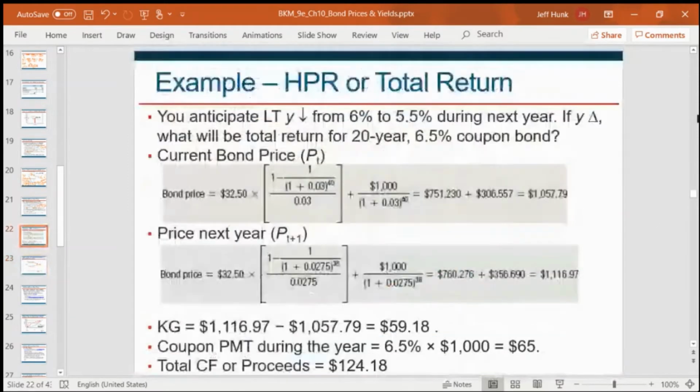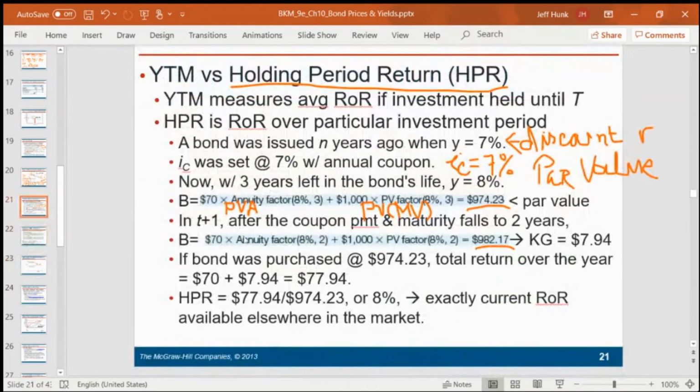And it is clearly shown here. This was a discount bond, so as you approach maturity the price goes up, and there's going to be a capital gain of $7.94.